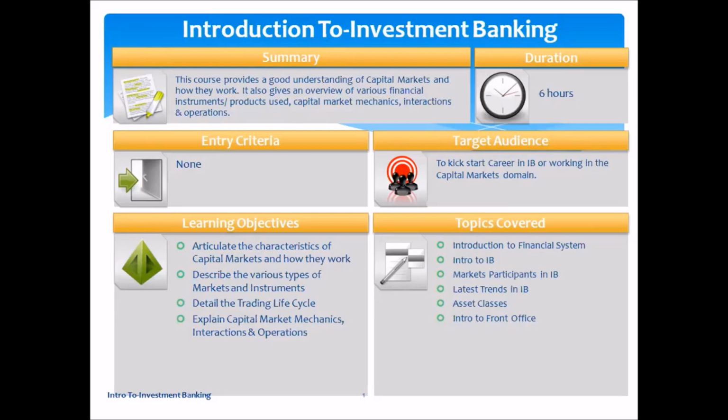Presently, I'm working with Credit Suisse as a lead business consultant, managing the risk management side of it, and that is across all asset classes. So that's a quick intro from my end as well. So let's see what's further on this.